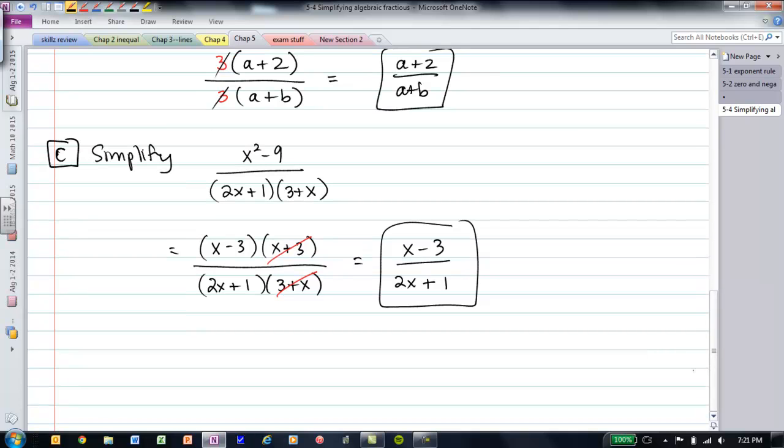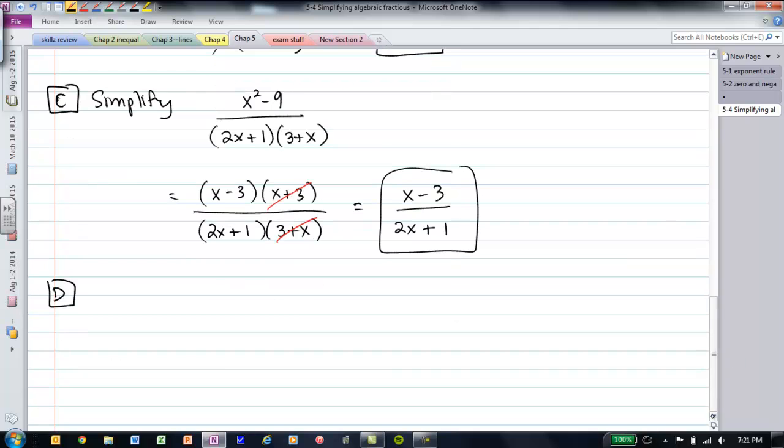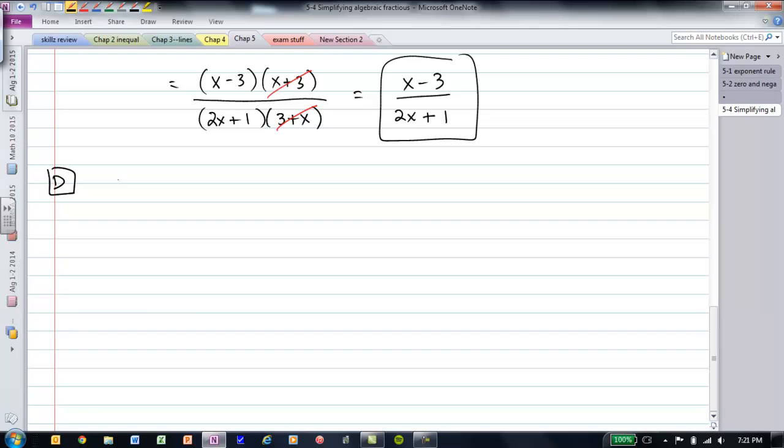Alright, let's do one more example. (5a squared plus 4a minus 1) over (5a squared minus 10a minus 15).